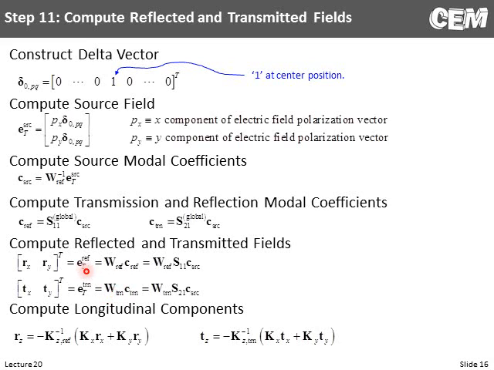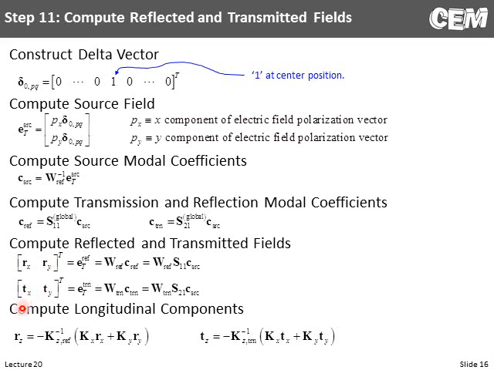And in fact, we may just want to jump straight to this. Calculate the fields immediately by combining all of this stuff, the eigenvectors, the S parameter, and the mode coefficients of the source. But once we calculate these, we'll actually have to extract the x and y components of the reflected electric fields and then extract the x and y components of the transmitted electric fields. So we'll store these in all separate parameters.